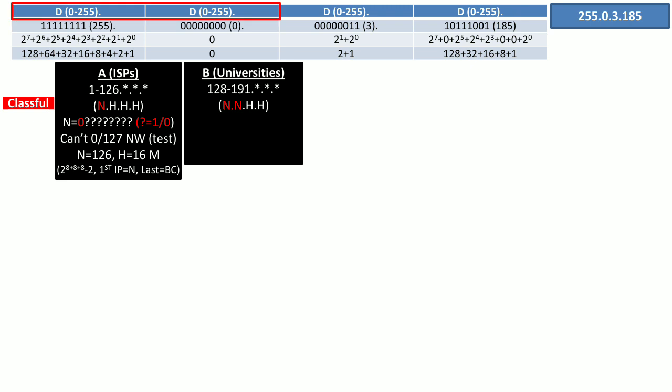So if you see this table, the first 2 octets are used for network addresses, so the value in the first 2 octets would be the network value, and the last 2 octets are used for hosts in a single particular network.